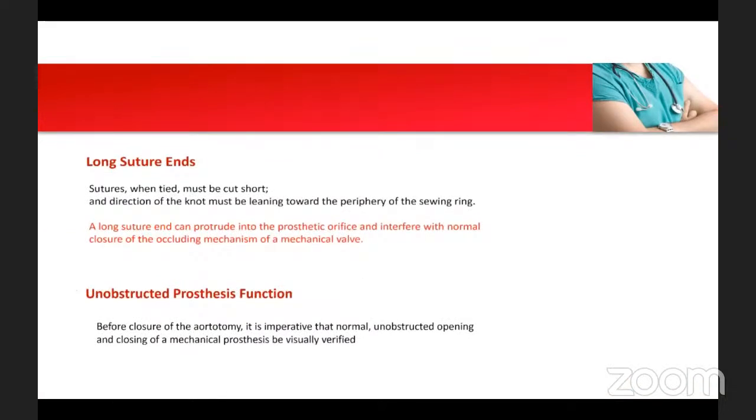Having long suture ends, one also needs to check the prosthetic function and verify unobstructed opening and closure. And after tying, usually we tend to cut the thread short to avoid any knot being directed toward the sewing ring.